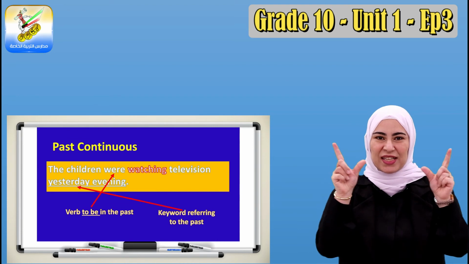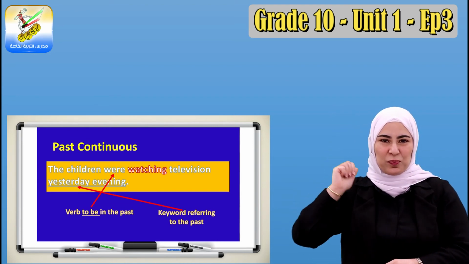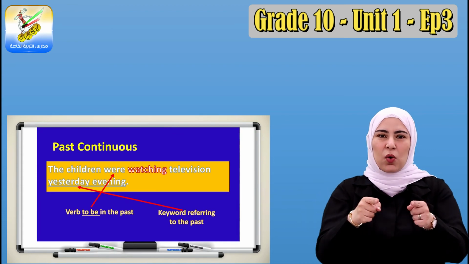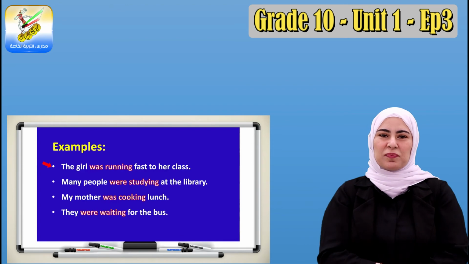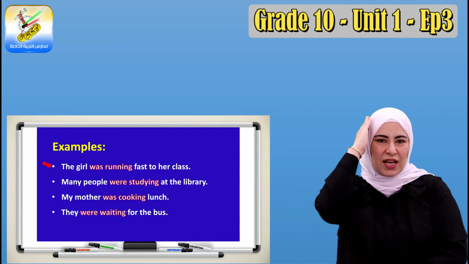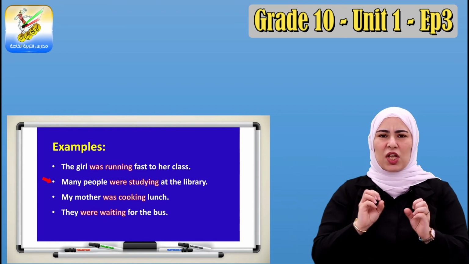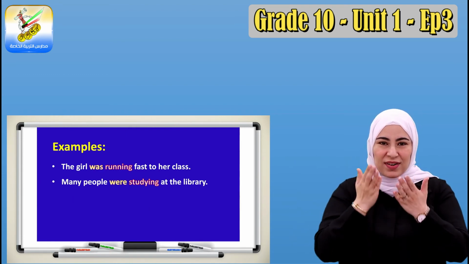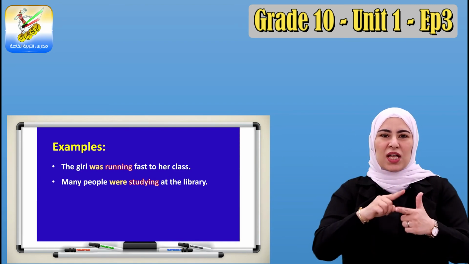So yesterday evening, at that time, the kids were watching. They continued watching. That's why I use the past continuous. For example, the girl was running fast to her class, or many people were studying at the library. So pay attention to this: verb to be, was or were, and the verb with ing.